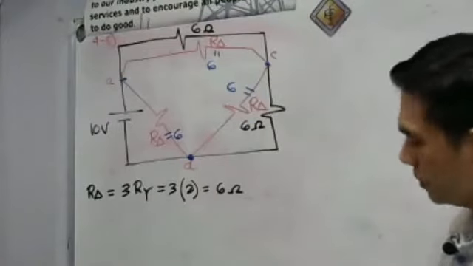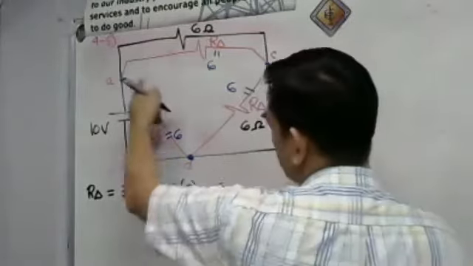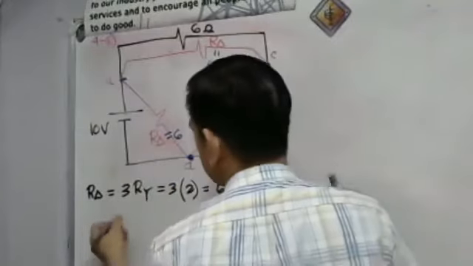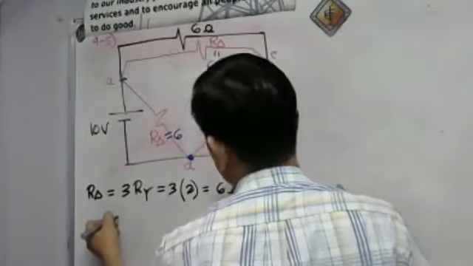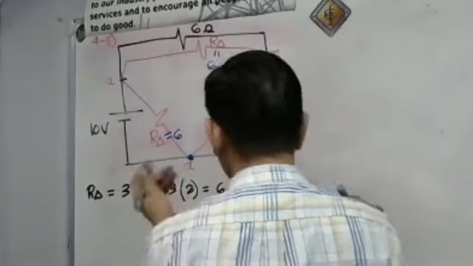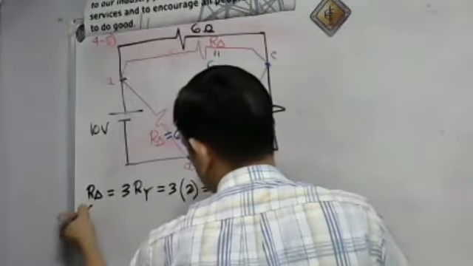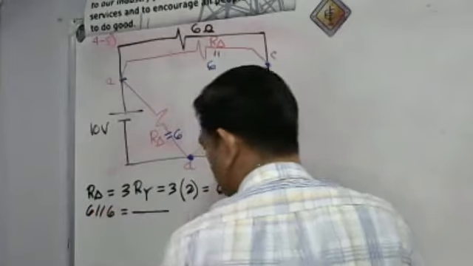So, let us have now the equivalent circuit. We can have an equivalent circuit for nodes A and C. It is obvious that 6 parallel with 6 is identical resistors in parallel.